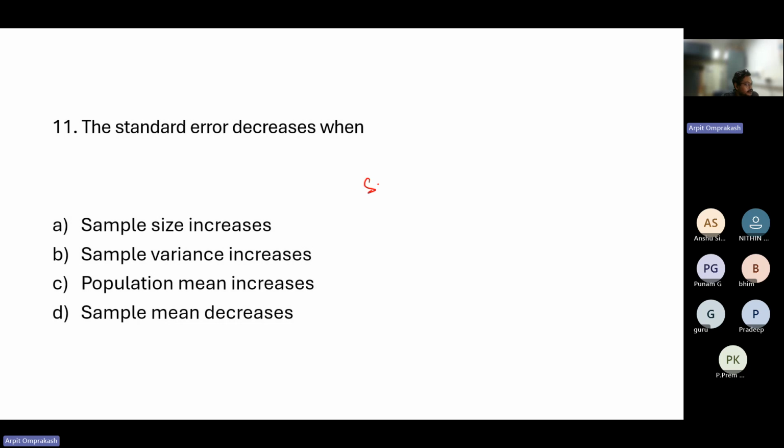The formula for standard error is sigma by root n, so it is inversely proportional to n and directly proportional to sigma, the standard deviation. So as n increases, the standard error decreases. As sample size increases, the standard error decreases.